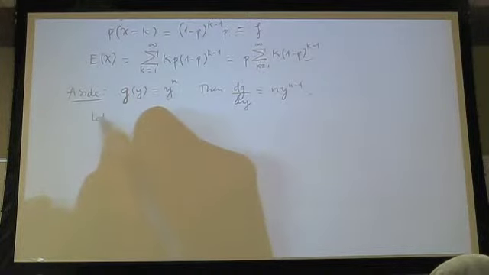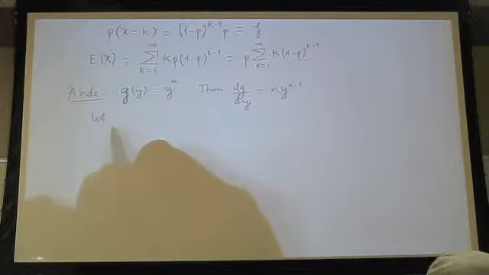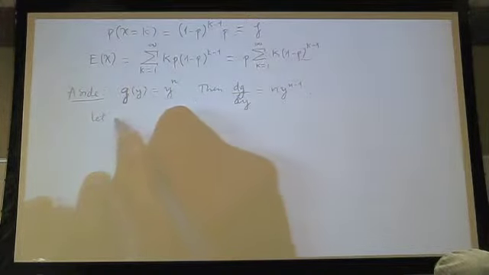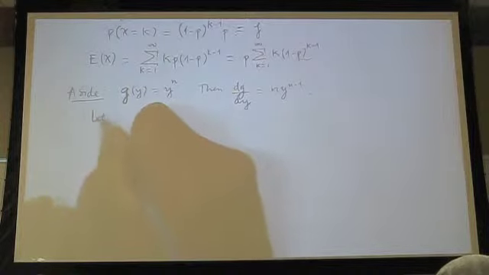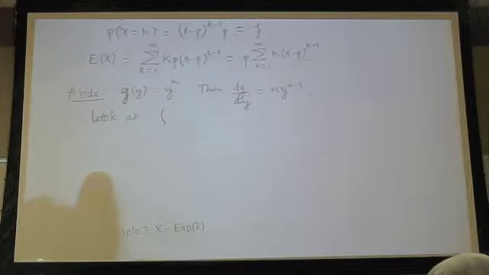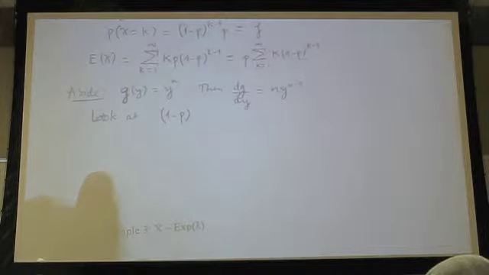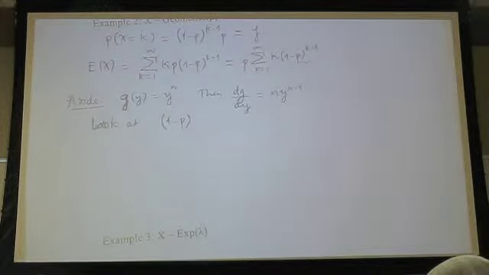Let's look at this one, 1 minus p right here. 1 minus p is going to be the complement of it, so I'm going to call it q, right?